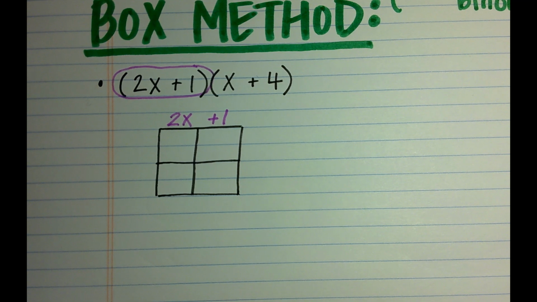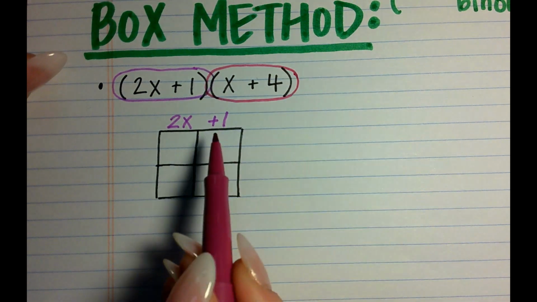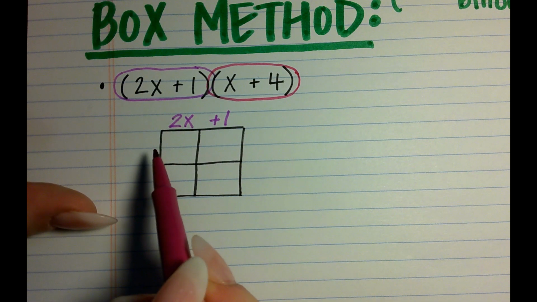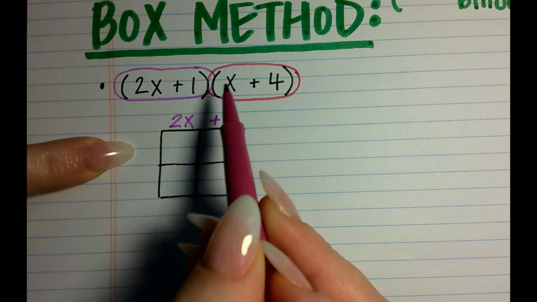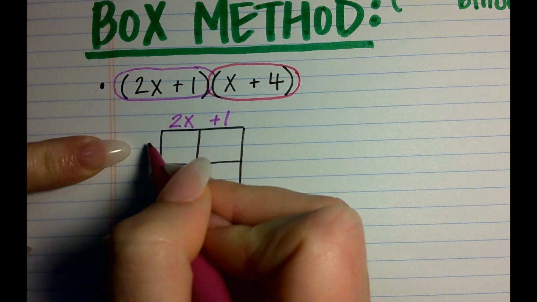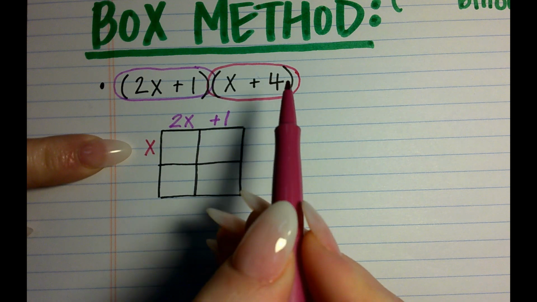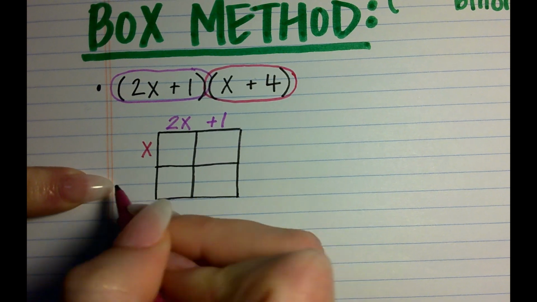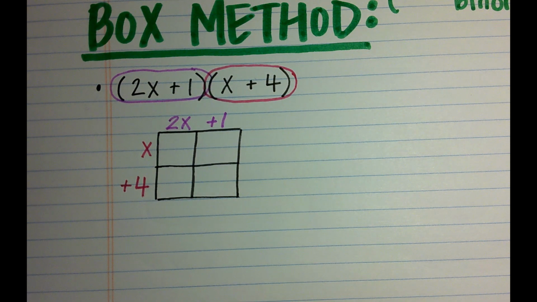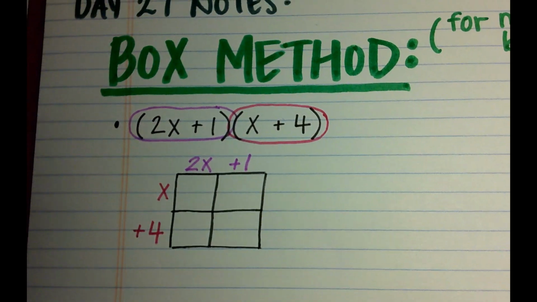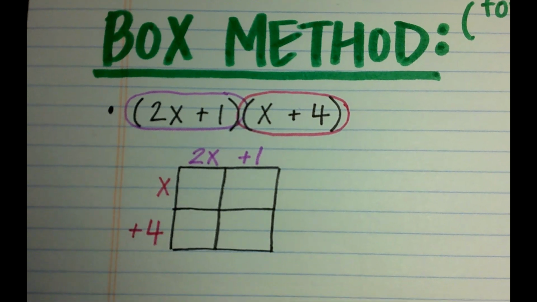Then I am going to take my second binomial and write it on the side of the box. In the first row, I'm going to write my first term, which is an x. And my second term is positive 4, so I will write below it plus 4. So here's our layout. I've put my problem near a box.